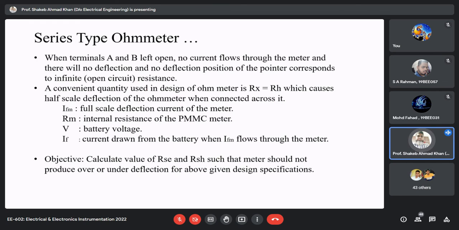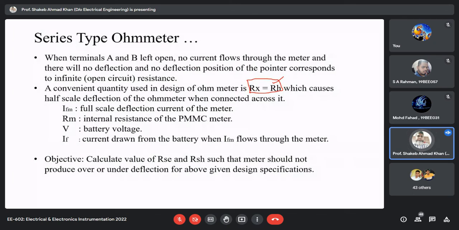Now, whatever I had discussed is given here. When terminals A and B are left open, no current flows through the meter and there will be no deflection, and the no deflection position of the pointer corresponds to the open circuit resistance. A convenient quantity used in design of the ohm meter is Rx equal to RH. In ohm meter design, this is one of the design specifications that we should know: RH is the resistance at which your meter should give half scale deflection.